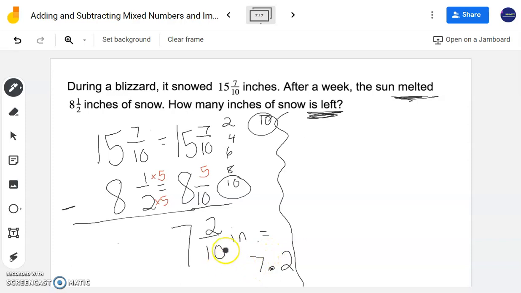So these denominators and this value is used very often in the real world. Now, 7 2/10 is telling me, okay, there's about 7 inches of snow left. That's how much is left after the blizzard.